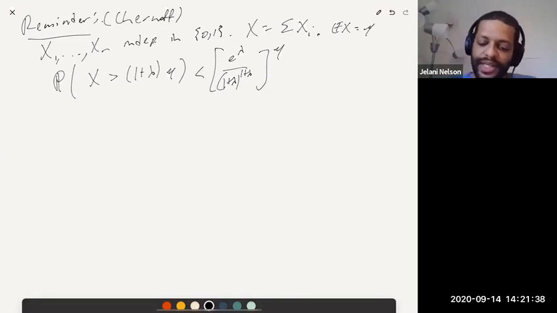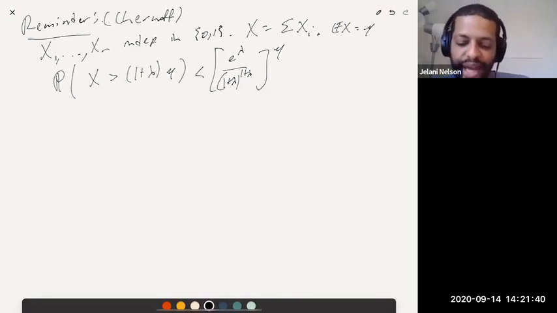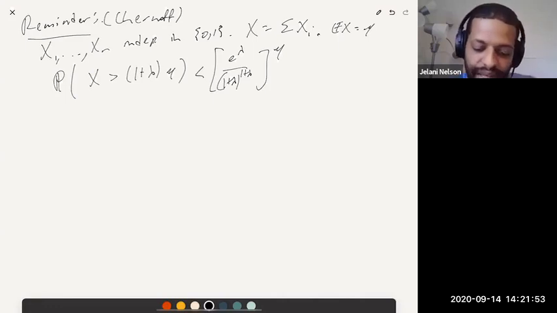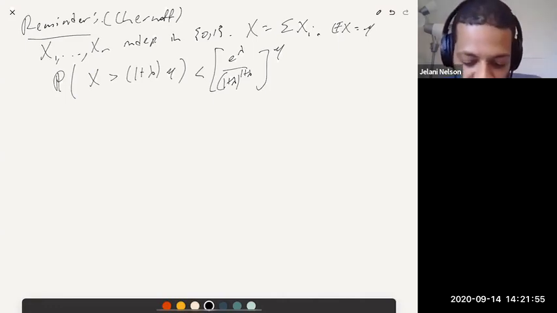The thing to keep in mind is, let's imagine that lambda is actually very big, much bigger than e. In the numerator I have an e to the lambda, and in the denominator I have a 1 plus lambda to the 1 plus lambda. So if lambda is much, much bigger than e, then the 1 plus lambda is what dominates in the denominator.